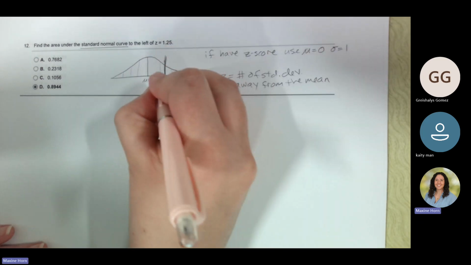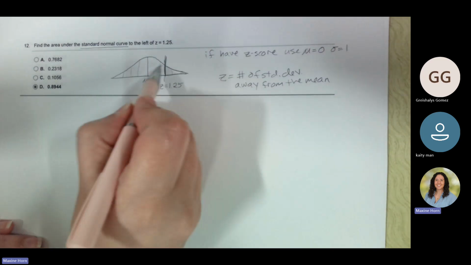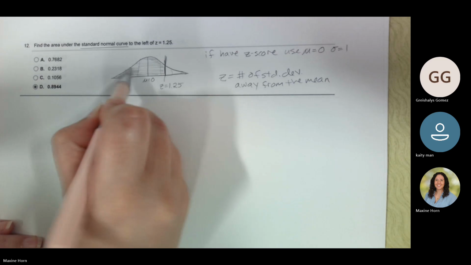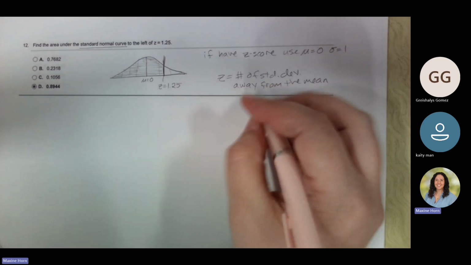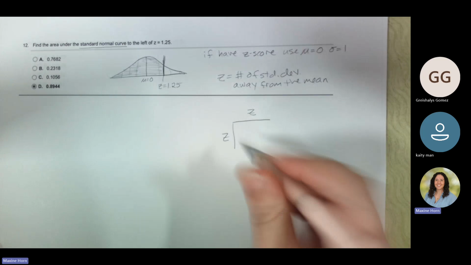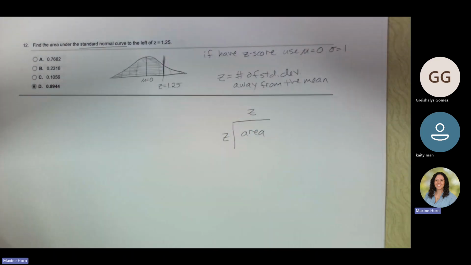Okay, so this is a z-score of 1.25, and they want the area under the curve to the left of that. So they want all of this. Okay, so there's 2 ways to do this. You can look it up in the back of the book. Right? You can find the chart that has your z-scores on the outside, and then in the body of the chart is the area.